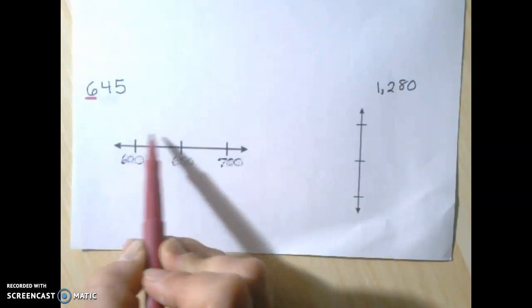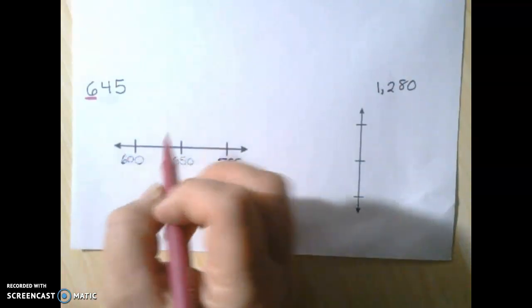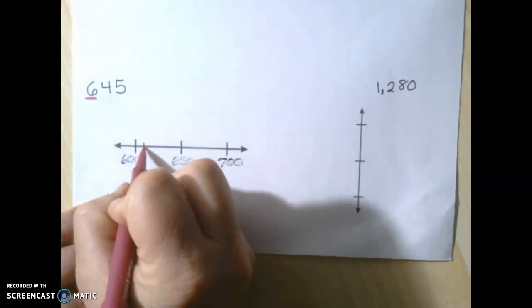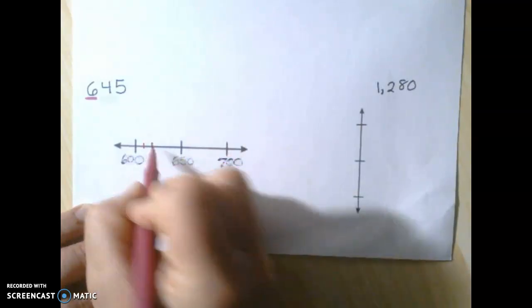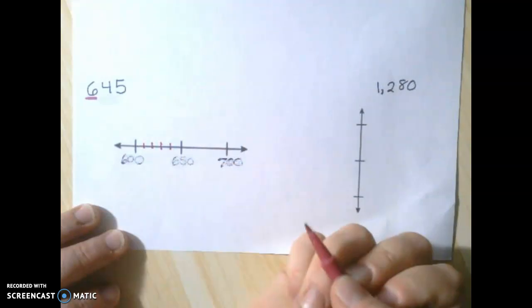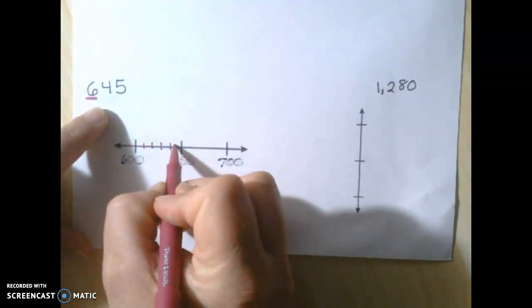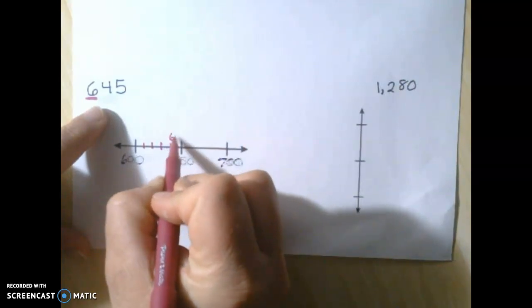Now we want to go ahead and plot that point. If I start at 600 and I want to count up to 650, I can say 610, 620, 630, 640, and then we have 650. So 645 will fall right about here.